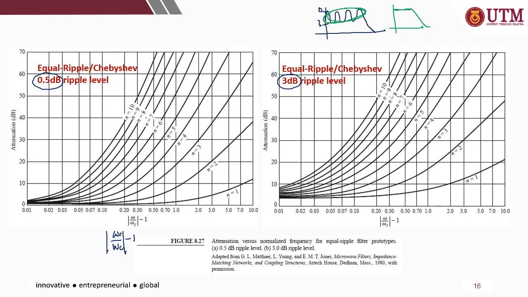Okay, for example, so it is not favorable, 3 dB. Okay, try to avoid that. So it will be better to use 0.5 dB, just 0.5 dB ripple for Chebyshev filter design.